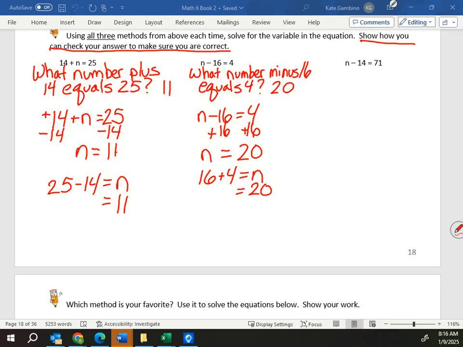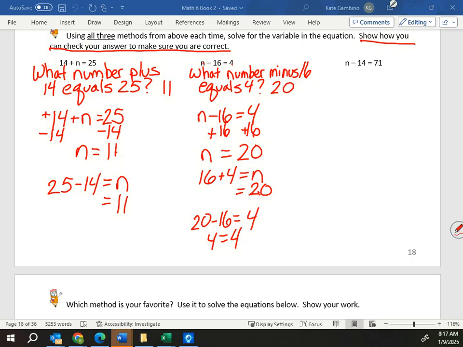Sarah? Yeah, so Sarah's right. We're going to take our variable and put it in for our n. So if it's n minus 16, that's 20 minus 16. Does that equal our 4? 20 minus 16 is 4. 4 truly does equal 4.